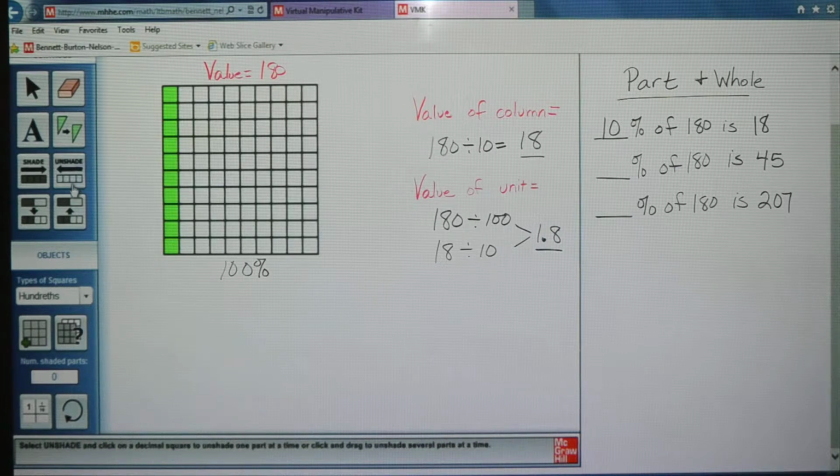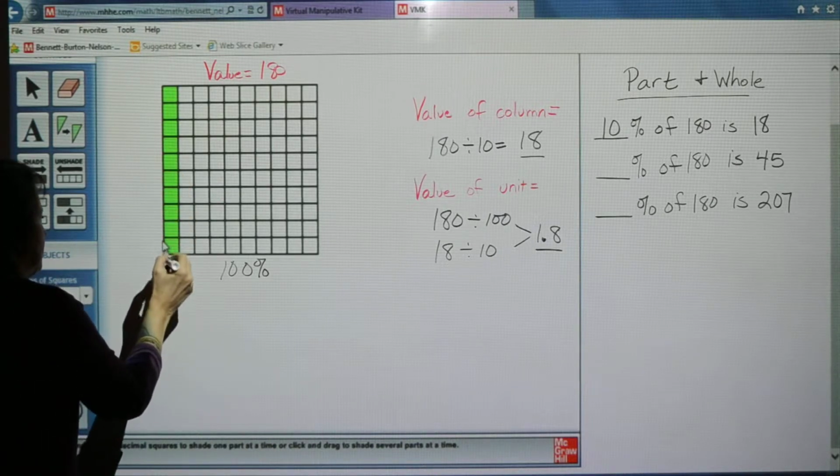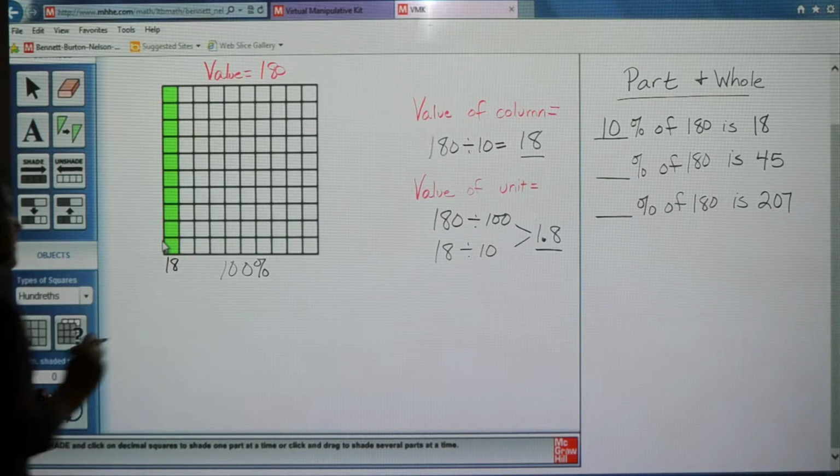Okay? Let's unshade this for a minute so we don't get confused. All right, the next question. What percent of 180 is 45? Okay? Well, we know we're going to have to color at least one column. So let's color in one and see how much we've used so far. Okay. So how much is that worth? Well, that's worth 18. Okay.